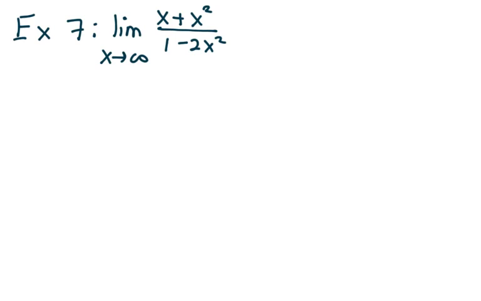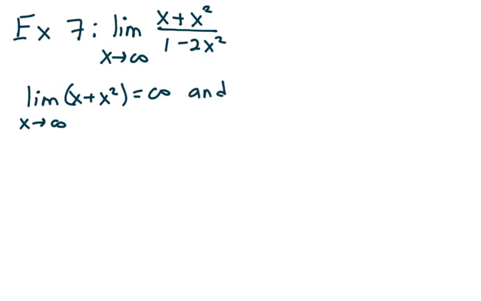Now, I want you to notice something. When I take the limit as x goes to infinity of the numerator, I get infinity. And when I take the limit as x goes to infinity of the denominator, I get negative infinity.